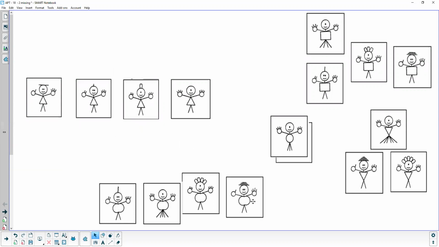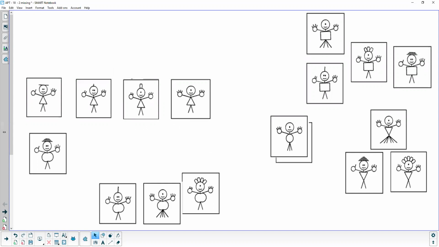A, B, C, or D? Compared to this set, where would this guy logically fit? A. So, under this A, do you want him to go on top or on bottom? Bottom. Let's do bottom for now. Okay. And that makes sense. So notice they have the same number of fingers. They have the same type of hair. Okay.